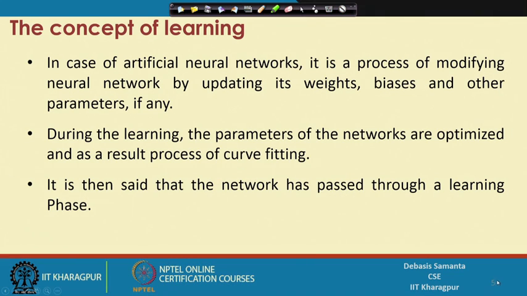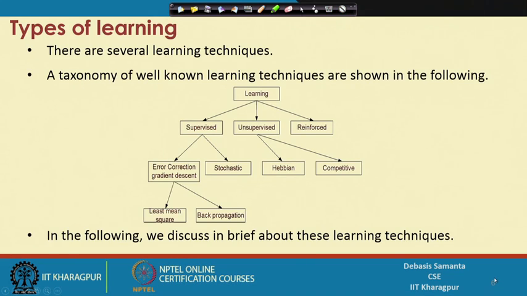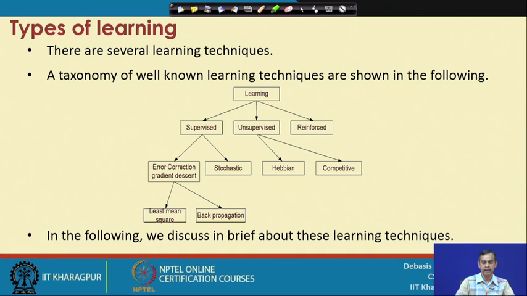Now, so far as the concept of learning is concerned, the theory of learning is very exhaustive. In fact, there are many learning principles and many techniques. In this slide we see some learning techniques. All the learning techniques can be classified into three broad categories: supervised learning, unsupervised learning, and reinforced learning.